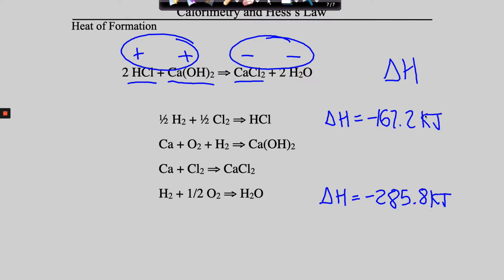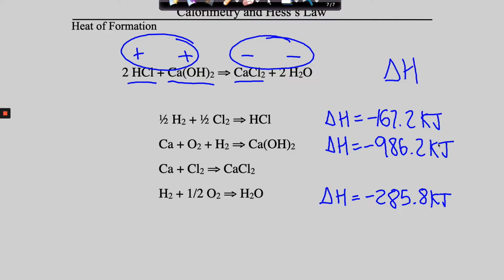Now, guys, we need calcium hydroxide. Is that under calcium? No, I'll do it for you. So, guys, calcium hydroxide, delta H, negative 986.2. And then, guys, the last one we need is calcium chloride. Is that also under calcium?